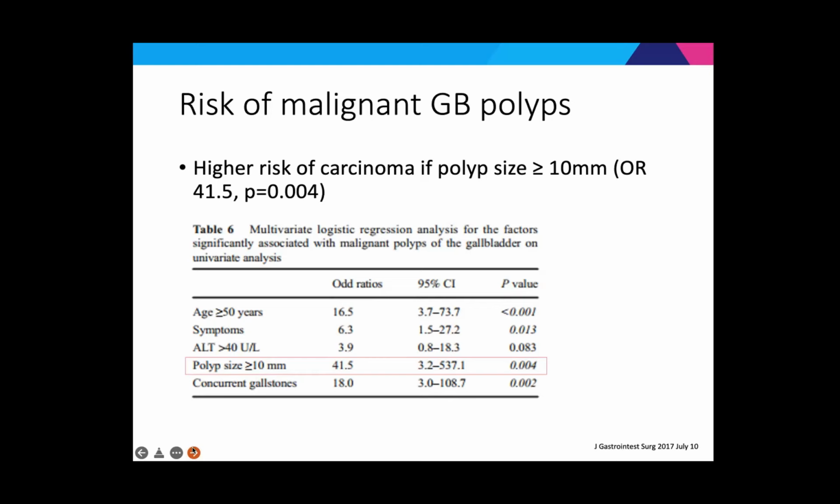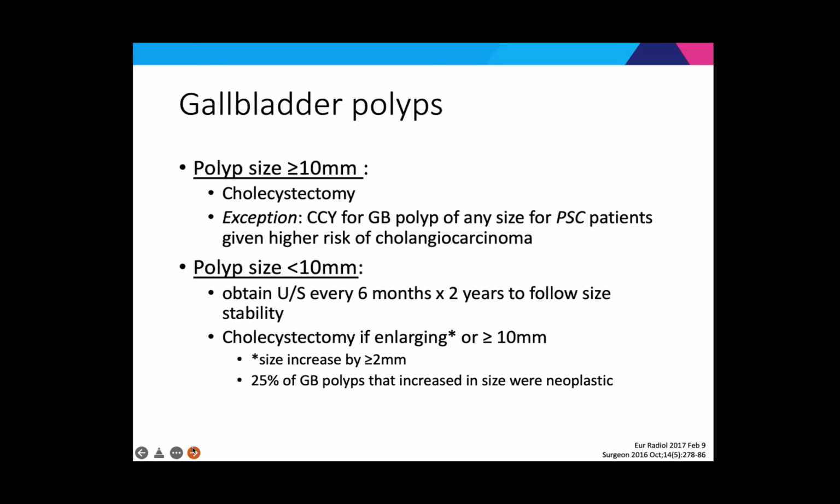The exception to this rule is PSC. PSC patients have a higher risk of cholangiocarcinoma, so for PSC patients, any small polyps, even smaller than 10 millimeters, would undergo surgery. For non-PSC patients with smaller polyps, we recommend obtaining an ultrasound every 6 months, at least.